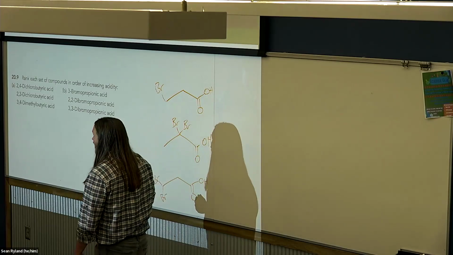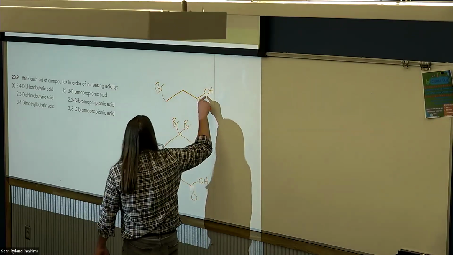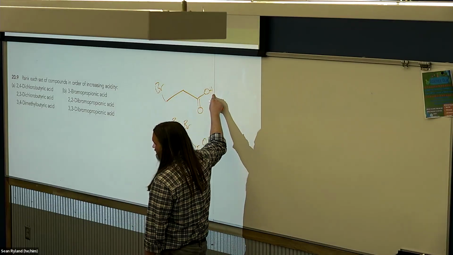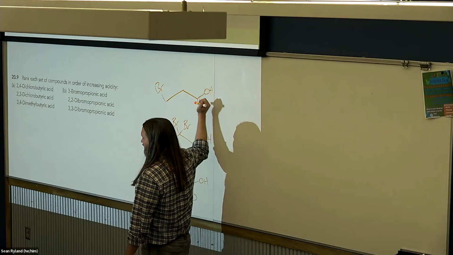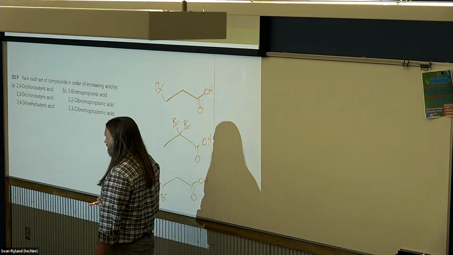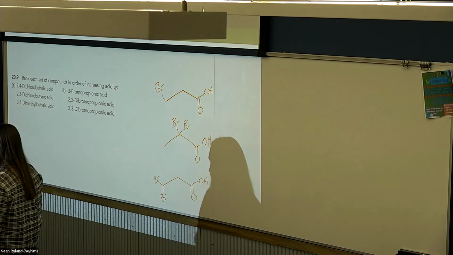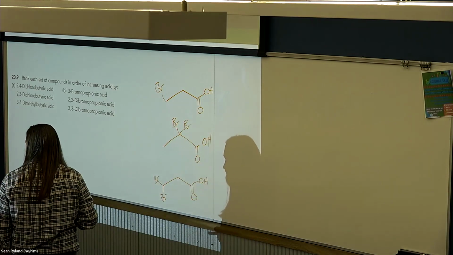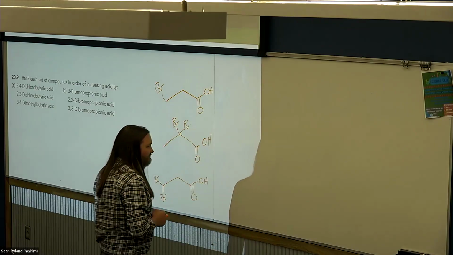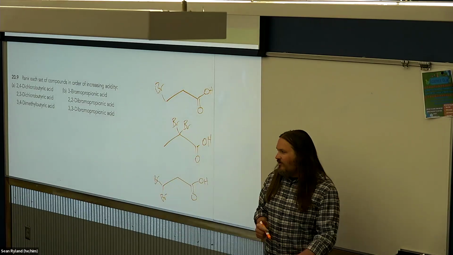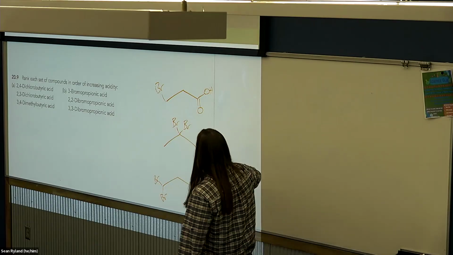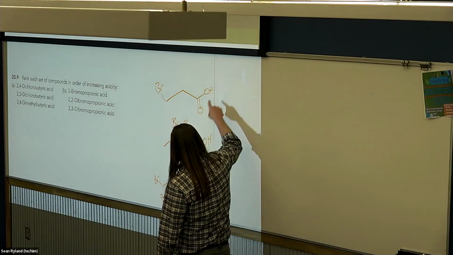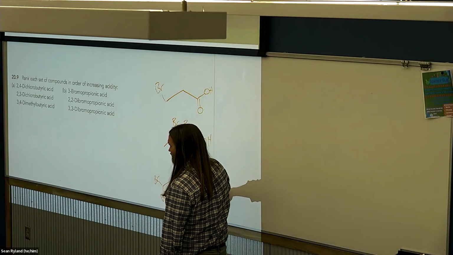Opposite, because electron density is what's holding that H plus on. So the more you pull electron density away from the acid group, very good. I'm just confused. It's okay, I'll get it. You had it once, so just let it marinate. So out of these, the bottom one is more acidic.